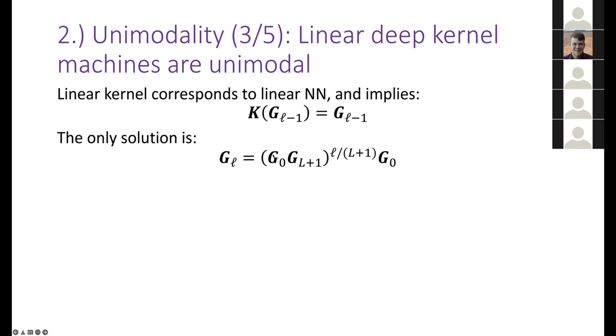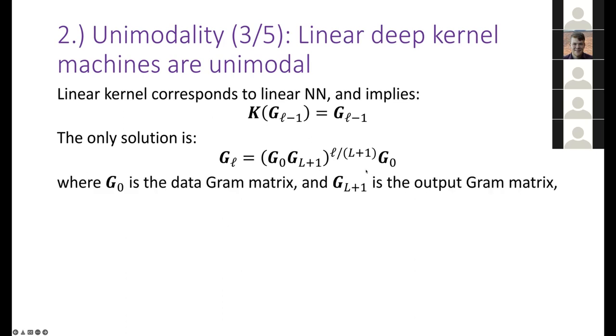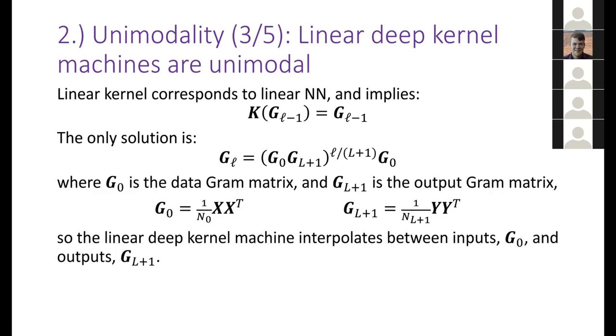Except there's a -1 on the G0. Anyway, if we look carefully at this, G0 is the input Gram matrix that we've seen several times before.